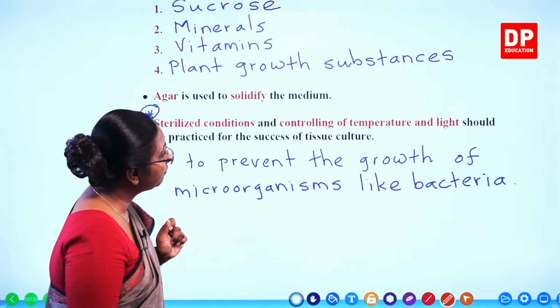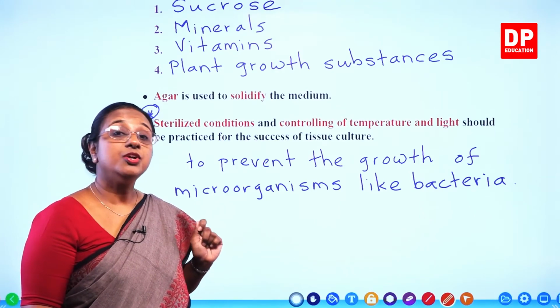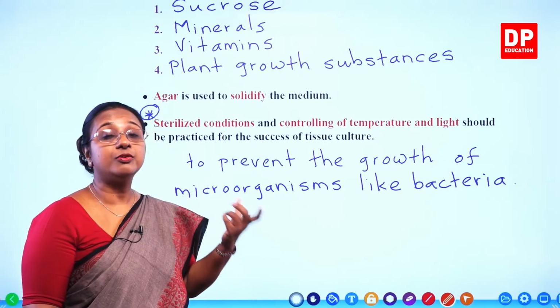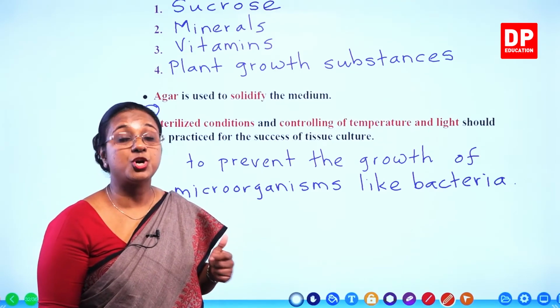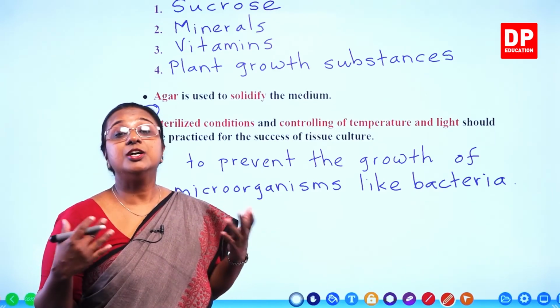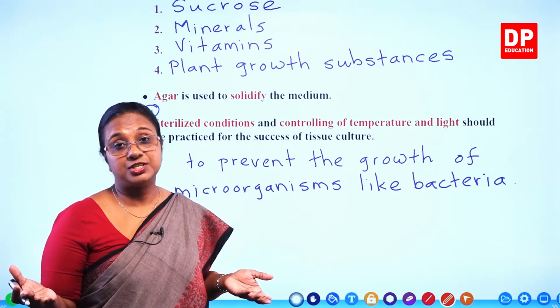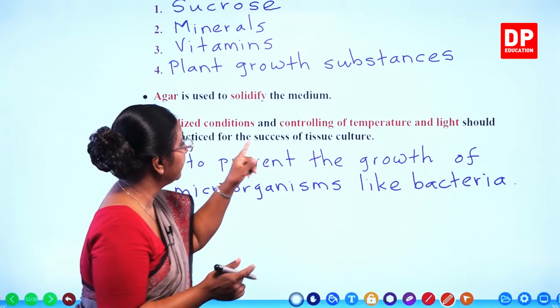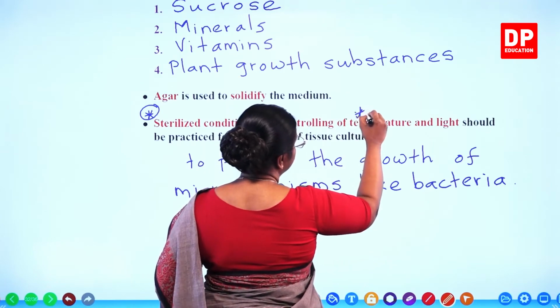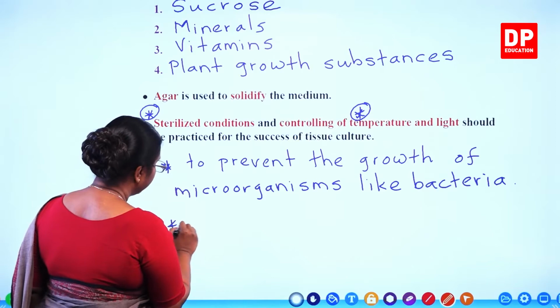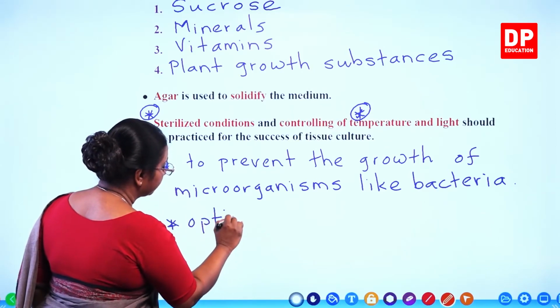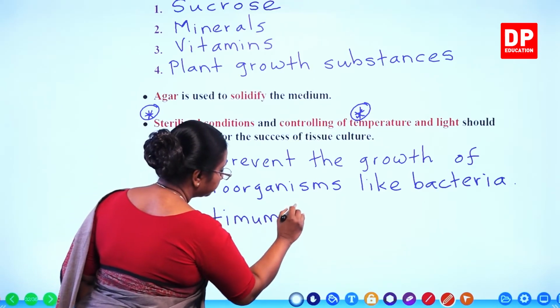Then controlling of temperature and light. You all know when the seeds are growing normally, there needs to be a particular temperature, optimum temperature, so that the growth will take place efficiently. So, in order to do that, we need to control the temperature. We need to provide optimum temperature.